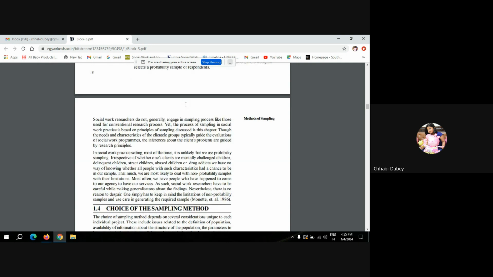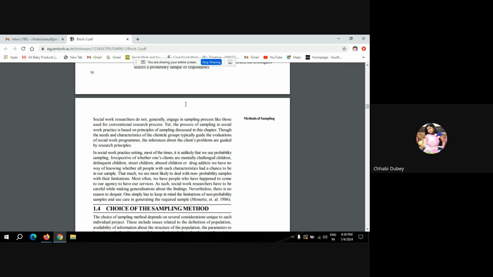Again, this is a very important part of social work research and the sampling process. Whenever we are formulating the design or the methodology of the research, we have to be very careful in seeing the kind of sampling method that would be suitable to fulfill the objective of the research.